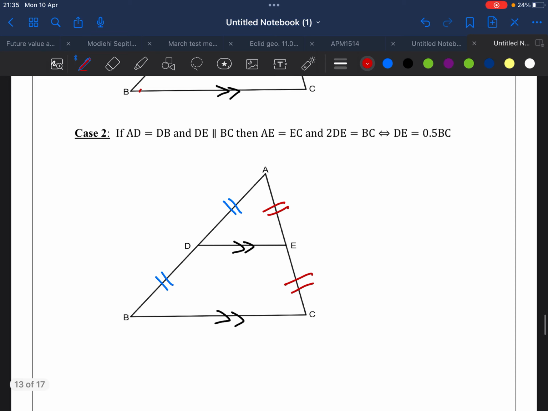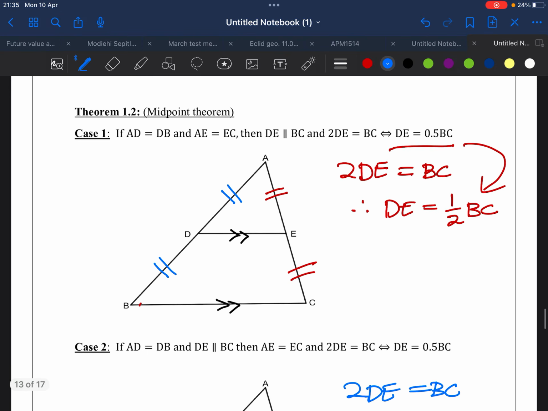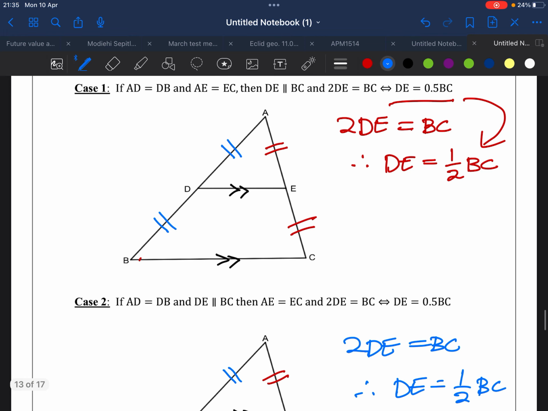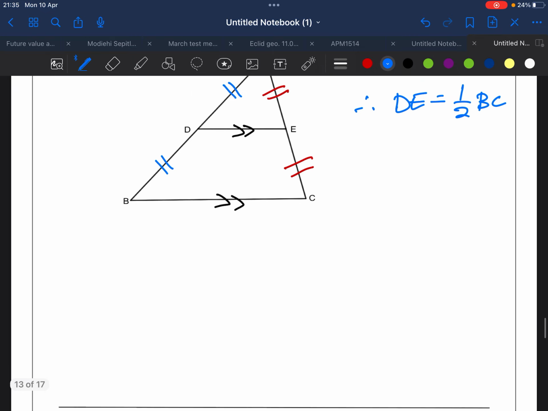And again 2DE is equivalent to BC. Therefore DE is half BC. That means DE is half of BC, and BC is twice DE. Make sure that you understand these two cases. These two cases are extremely important for the following example.